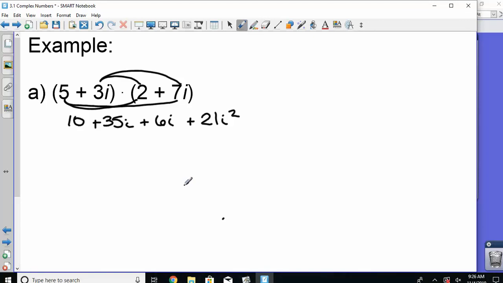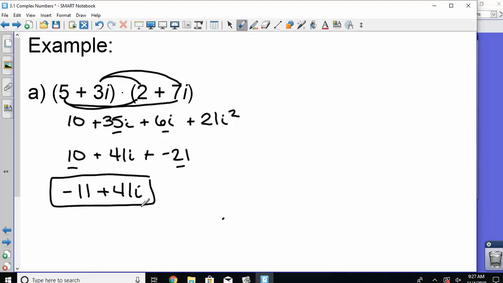Okay, what do you do now? Add your like terms. Wait, does it? i squared, yeah, it's a negative. So this is a 41i. Now, we know i squared is negative 1. So this is 21 times negative 1, so that's a negative 21. A plus bi form, so 10 plus negative 21 is negative 11 plus 41i.